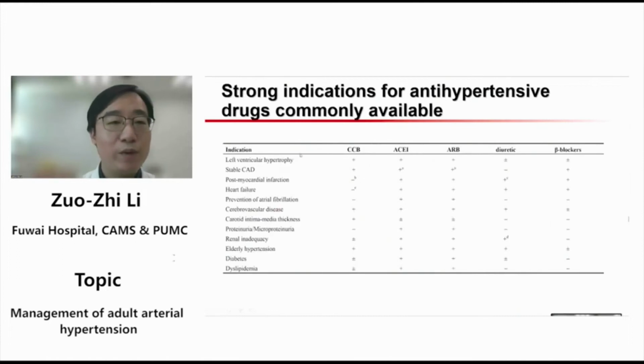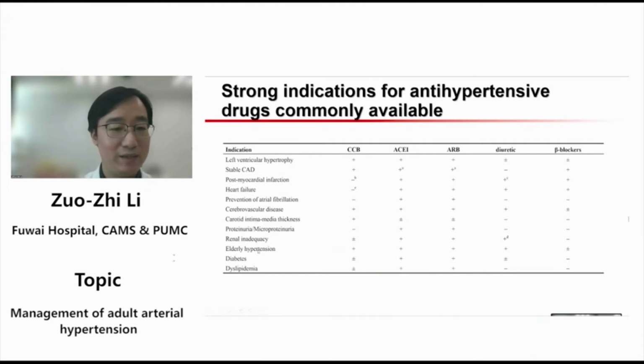So people with different clinical conditions have different favorable antihypertensive drugs. For instance, in patients with left ventricular hypertrophy, ACEI or ARB or CCB, the calcium channel blocker, are suitable for this group of people. And in patients with heart failure, ACEI and ARB are suitable, but CCB should not be considered.